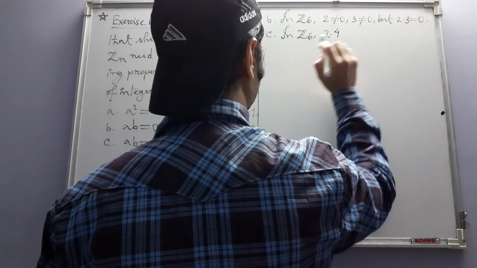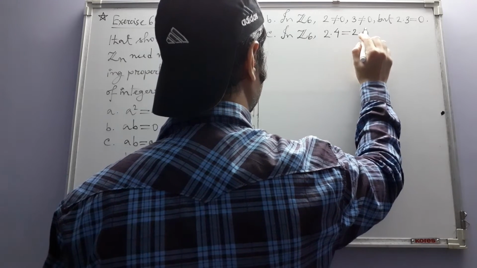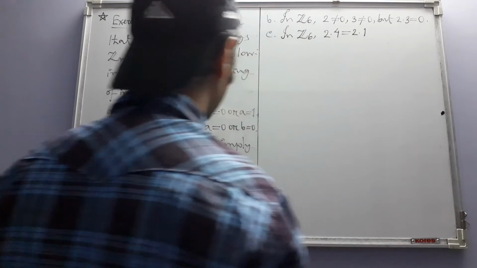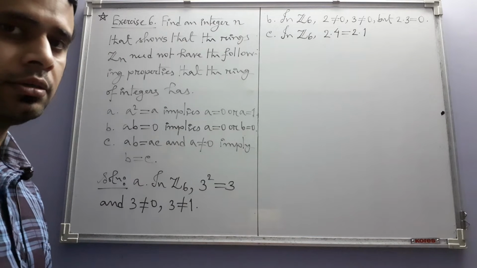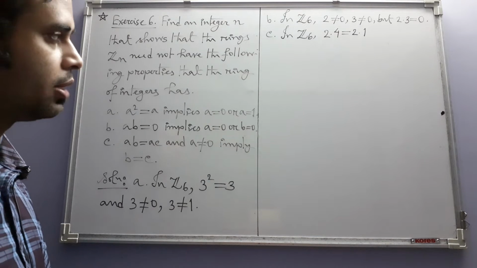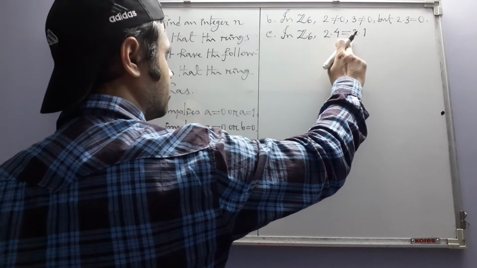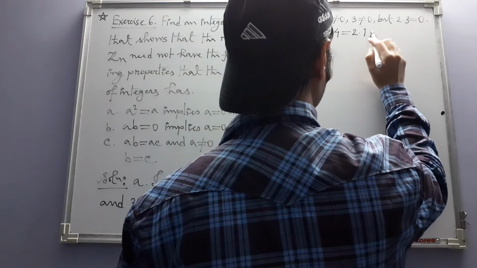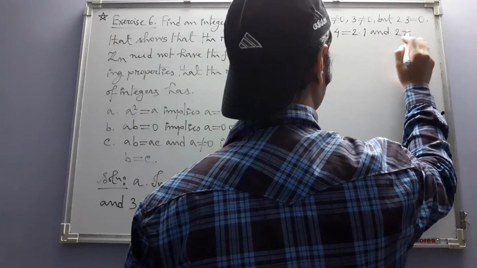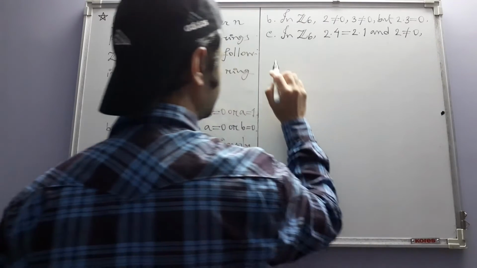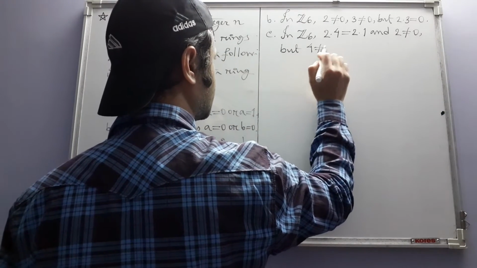2 times 4 is 2 times 1, because 2 times 4 is 8. 8 modulo 6 is 2 and 2 times 1 is 2. So AB is equal to AC and A is not equal to 0, but 4 is not equal to 1.